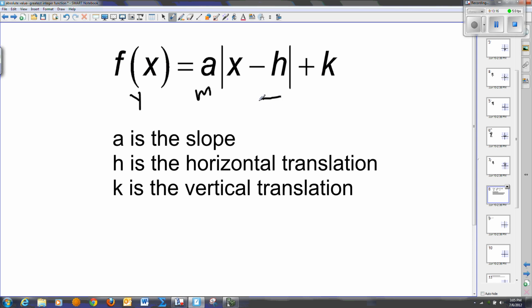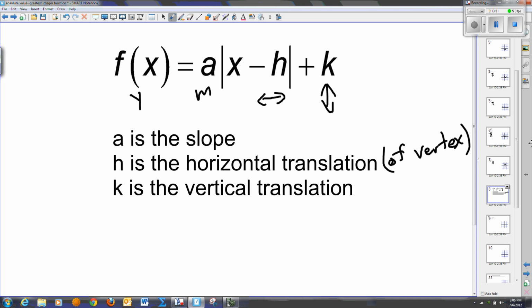H is a horizontal translation, which means it moves the vertex to the left and right. And K is a vertical translation. And again, I could say of the vertex, but in actuality, every point on the graph is actually moved, whatever the number h is and whatever the number k is.